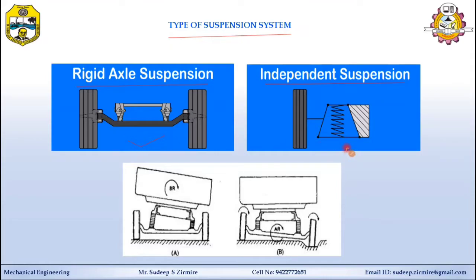The other system is the independent suspension system. In this system, a separate suspension is used for each wheel. Each wheel can move vertically and react to a bump independently, with no effect on the other side. In the first case, the movement of the wheel on one side affects the movement of the wheel on the other side.